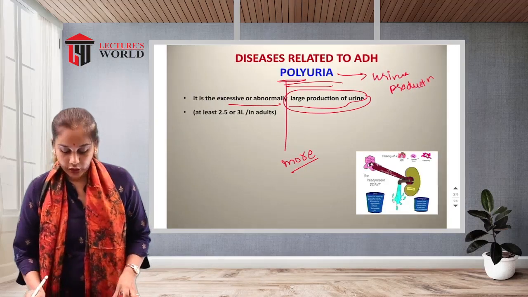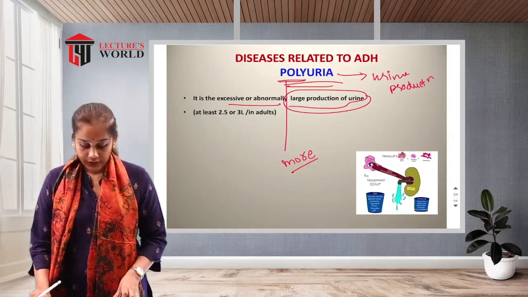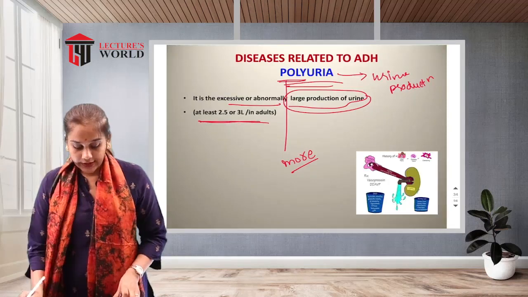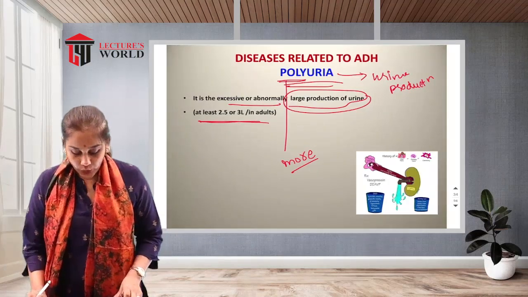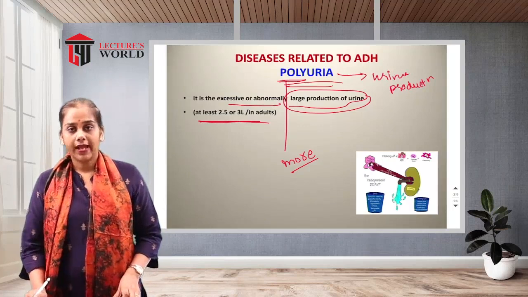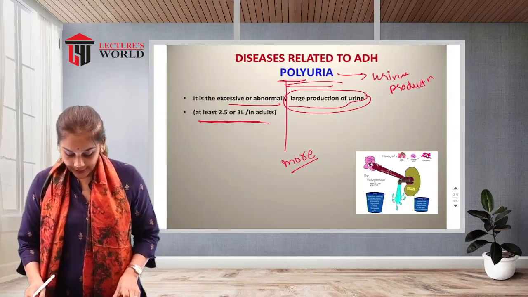A more than normal amount of urine production is known as polyuria. The urine output is 2.5 or 3 liters per day in an adult. So this is polyuria.